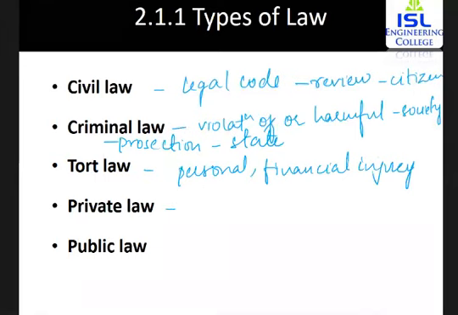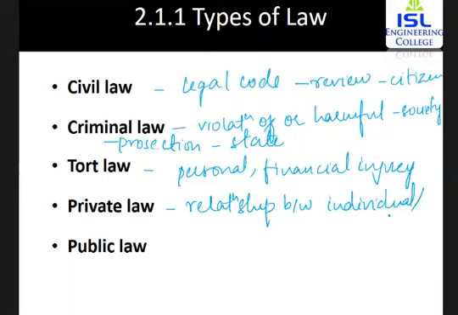The next is private law. Private law is a relationship between a specific person, an individual, and an organization. Examples for private law are family law and labor law.